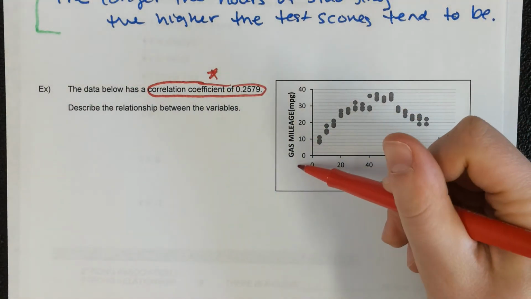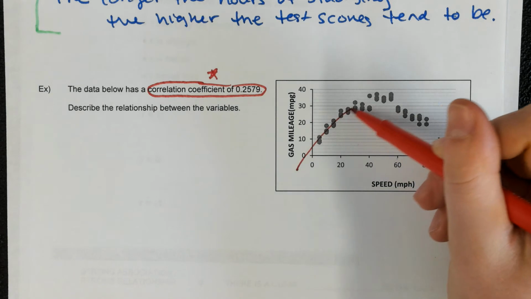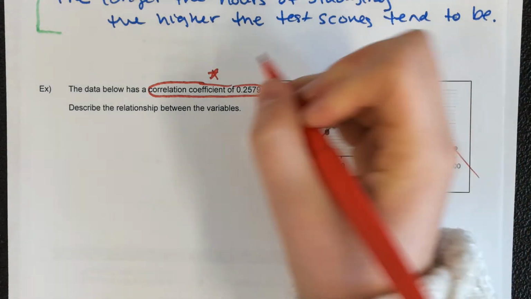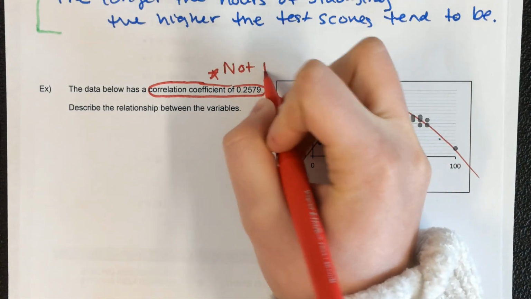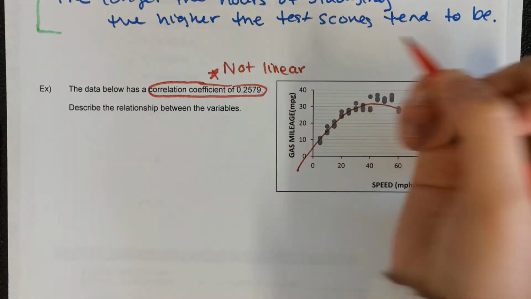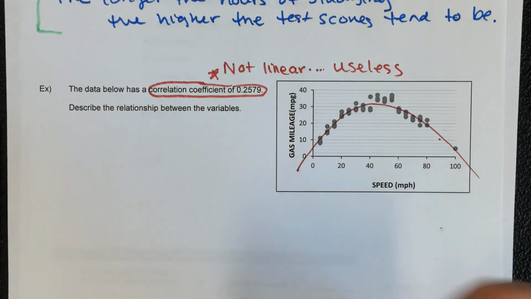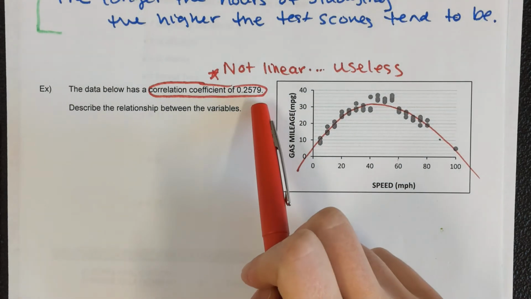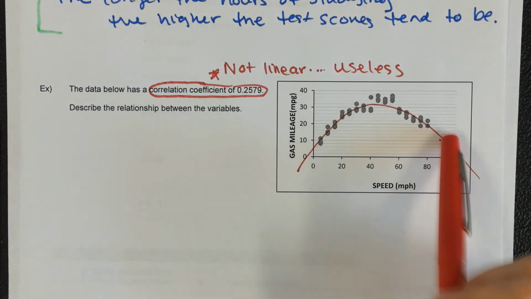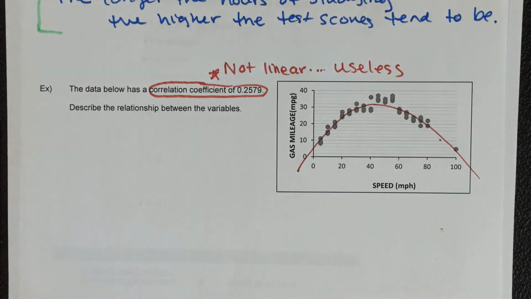If you look at this, this doesn't look very linear. So, not linear, useless. And you'll see this later. This can be very helpful. This would tell us how strong of a linear relationship we have. But since this isn't linear, this number doesn't really tell us anything.